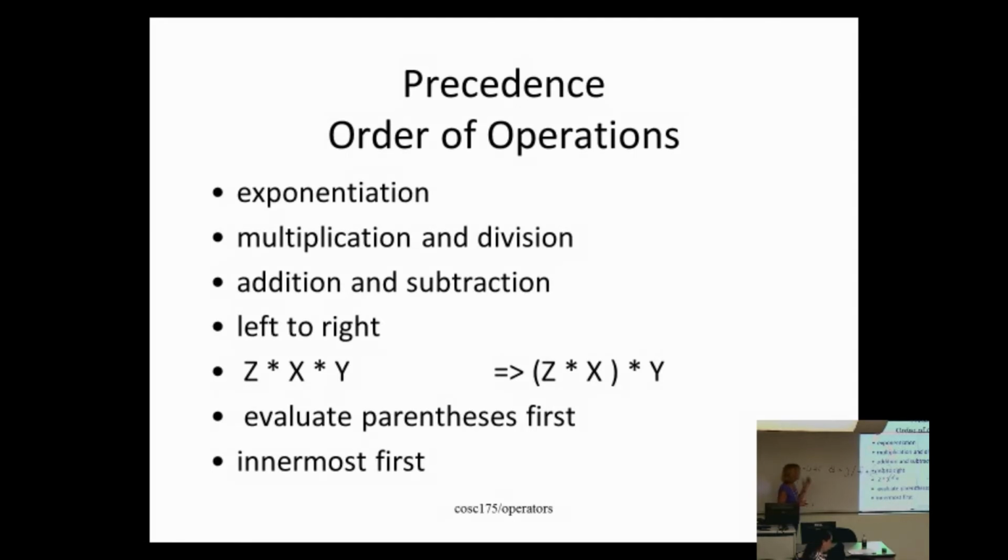I don't have any exponentiation. What happens next? Okay, multiplication or division. They're the same order. So it's whatever's left to right. We go left to right. So this one would be first. What would be next? D divided by J. What would be next? This guy right here. And then what about the addition? How would that take place?